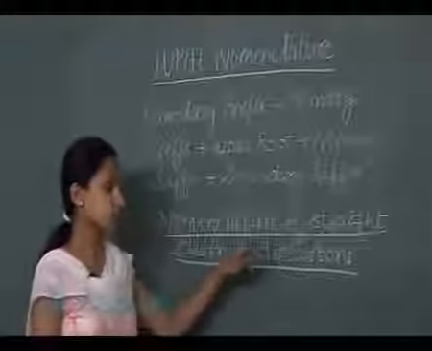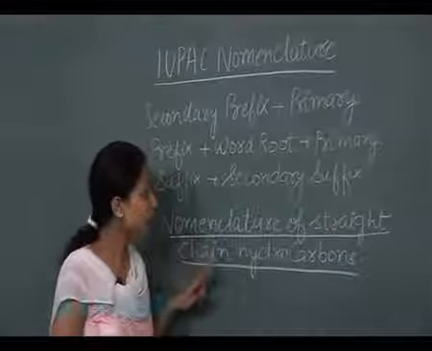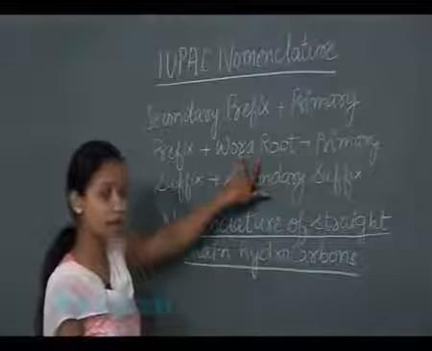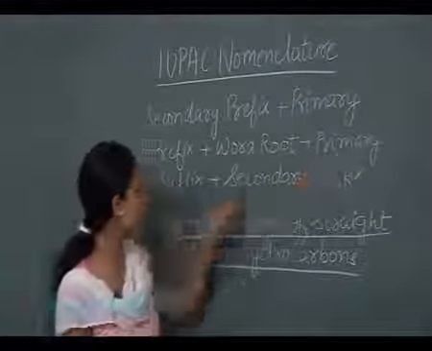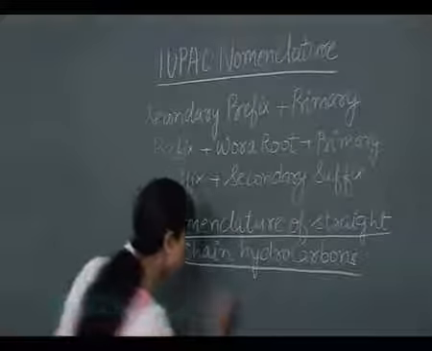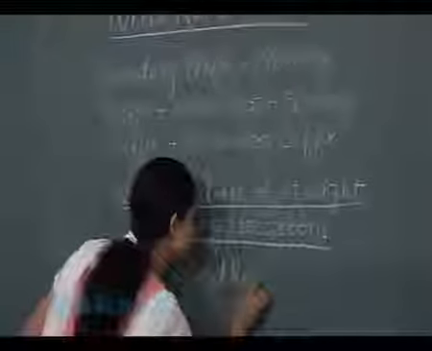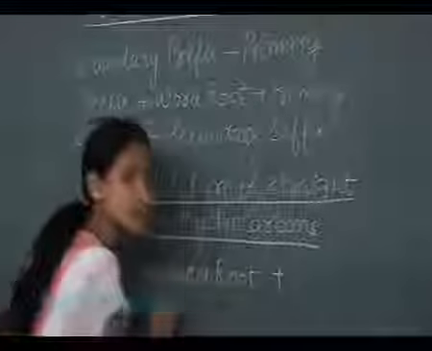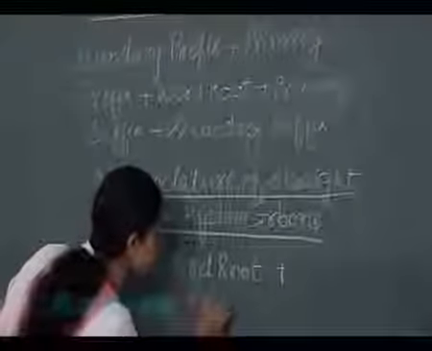Now for naming a straight chain hydrocarbon, all we require is the word root, and second we require the primary suffix. So all we require is word root plus primary suffix.